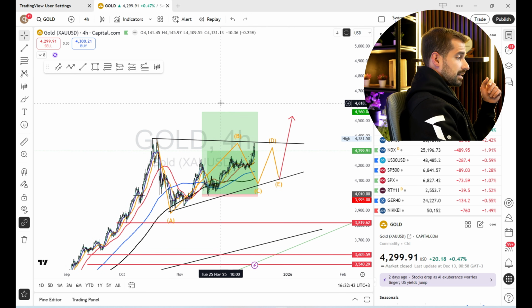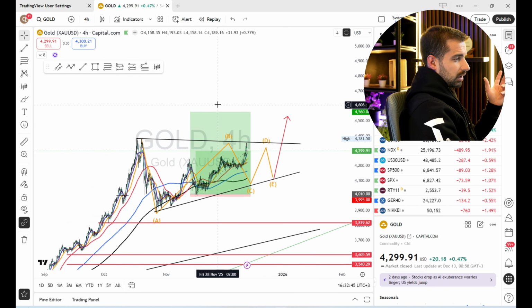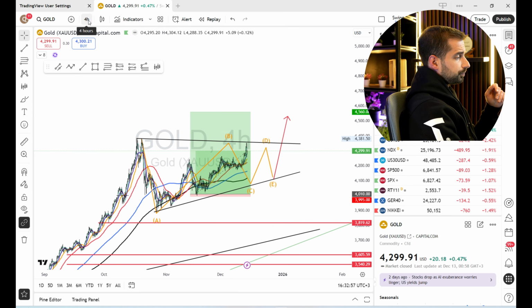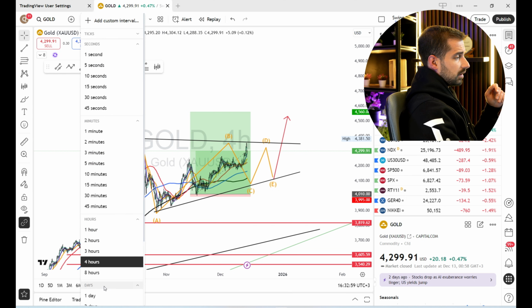So that's, let's call it, the medium-term analysis. It's not a long-term analysis. Long-term analysis is that gold is going up and breaking a new all-time high. But as of now, all we can see is this.